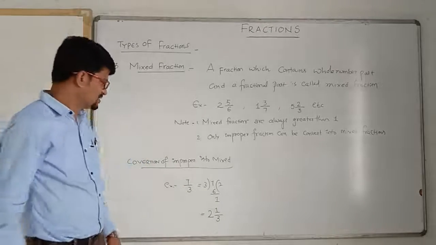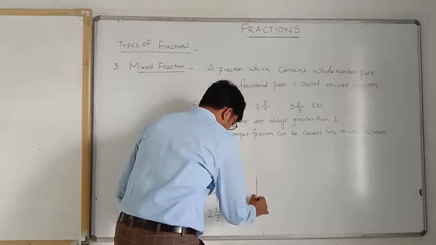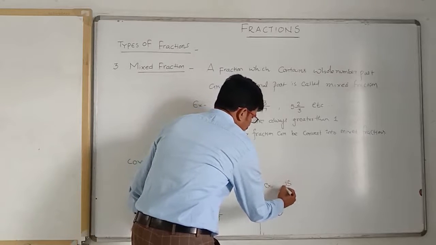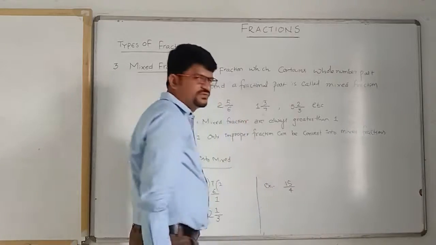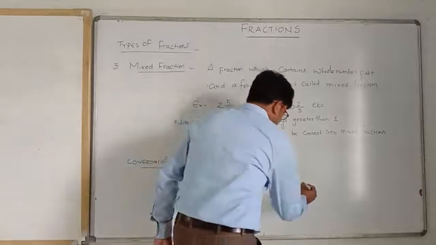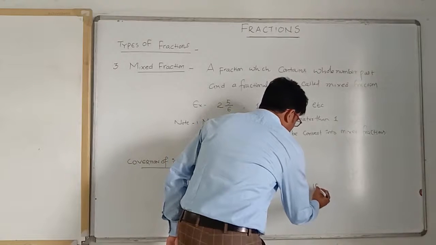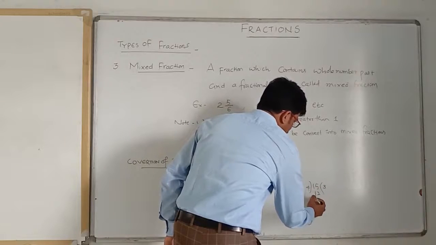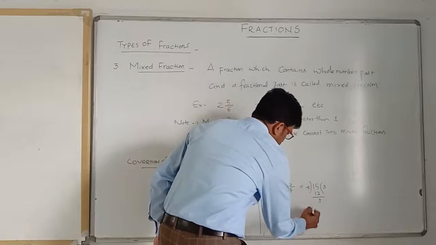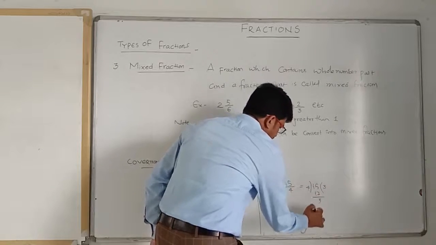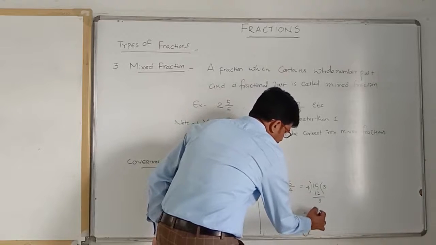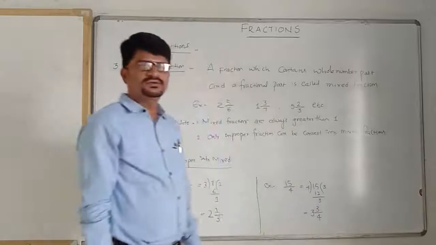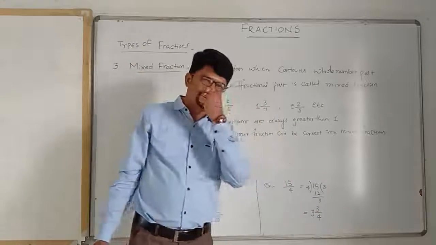Clear, children? Now take another one. Example, 15 by 4. Divide 15 by 4: 4 threes are 12, remainder is 3. What is the quotient here? 3, that is the whole number part. The remainder is the numerator part and the divisor is the denominator part.